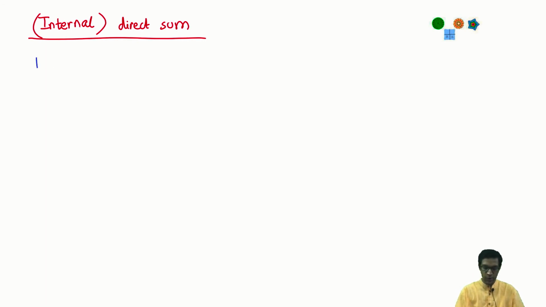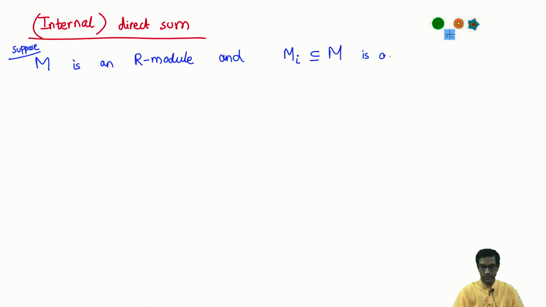So what do I need for this? I need a module M. So suppose M is an R module, and I have a collection of submodules of M. Mi is a submodule of M for all i from 1 to k.